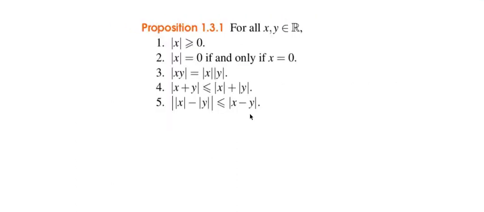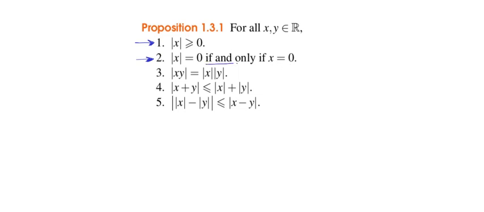So there are some important properties of the absolute value. The first one is that the absolute value of x is greater or equal than 0. This is very easy to prove. Now, the absolute value of x is equal to 0 if and only if x is equal to 0.